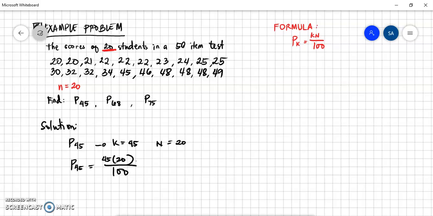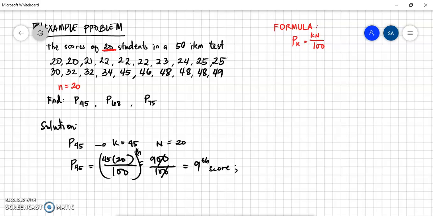So, 45 times 20, we have 900. This will determine the place of our percentile. So, we have 900 over 100. That is equal to 9. Cancel mo lang yan. 9 na siya. So, our P sub 45 is the 9th score from the distribution.